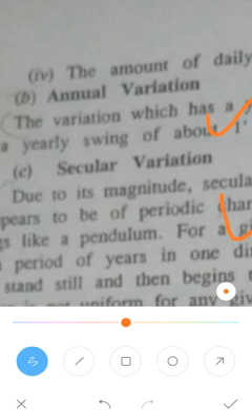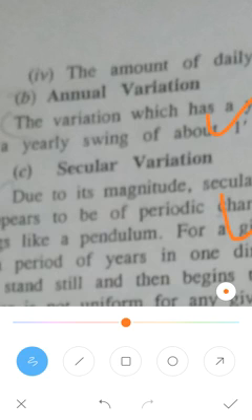So for a given place, the compass needle, after moving continuously for a period of years in one direction with respect to true north, gradually comes to a stand and begins to move in the opposite direction. This secular change is not uniform for any locality, and for different places it is approximately about 250 years.